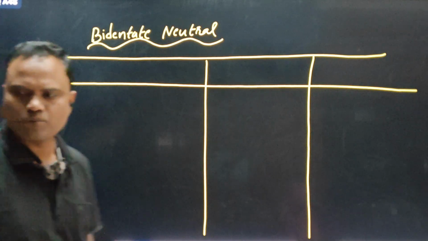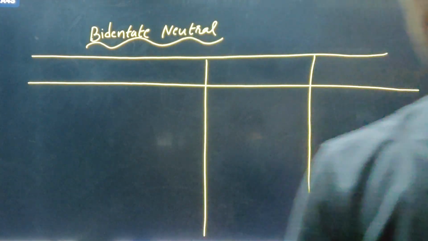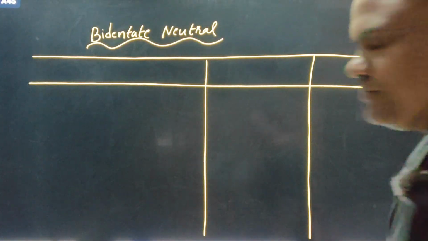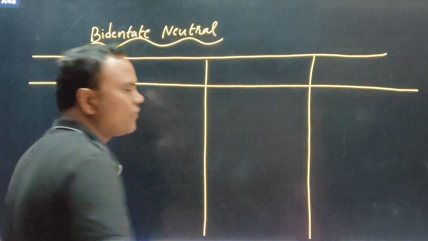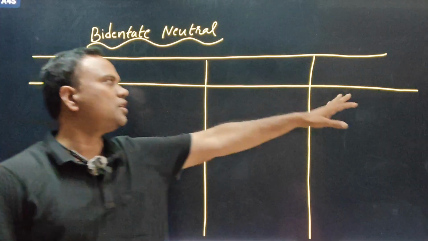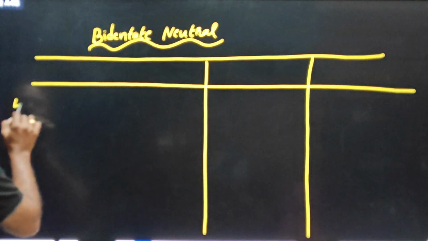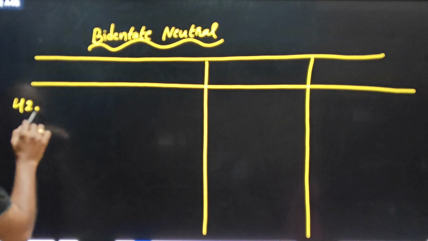In the first column, write the name of the ligand. Second column, formula or structure. Third column, symbol. Okay. 42, ligand number.